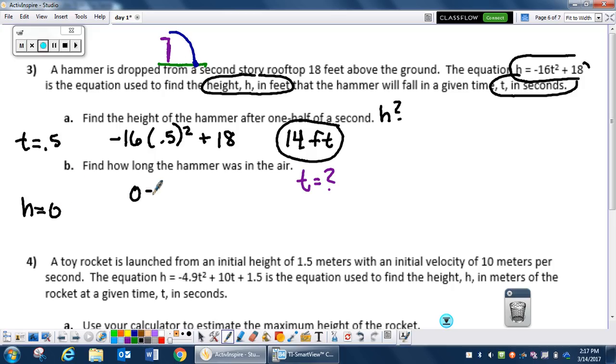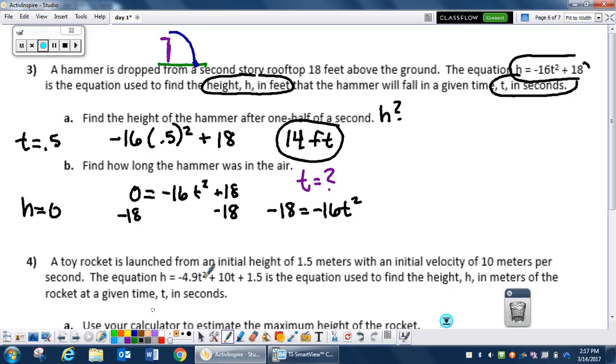Let's substitute that in and see what we can solve. h is 0, so 0 equals negative 16 t squared plus 18. We eventually want to solve for t, so we just solve the equation, take away 18 from both sides, and now we are at negative 18 equals negative 16 t squared.